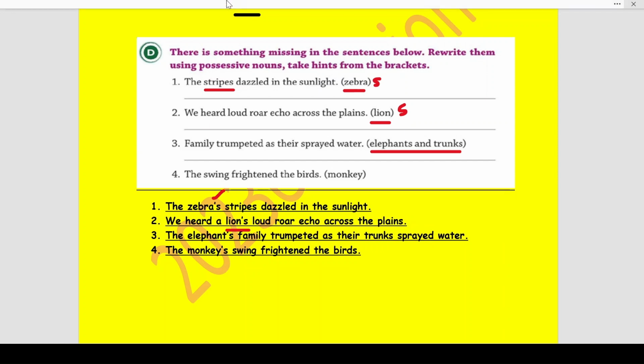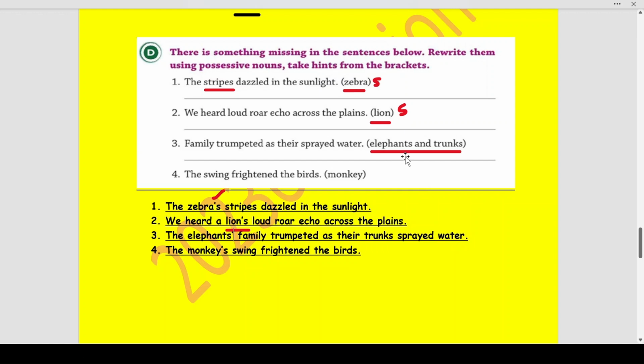Since the plural noun is elephants over here, it will be elephants apostrophe.